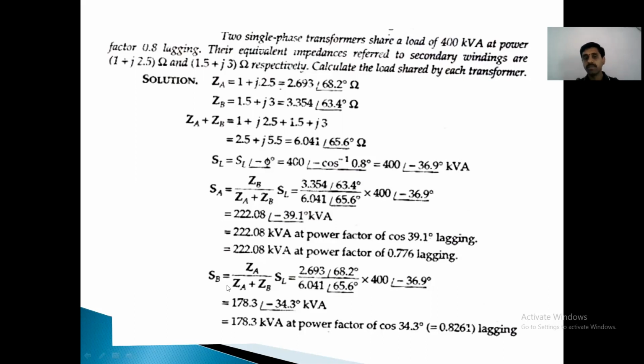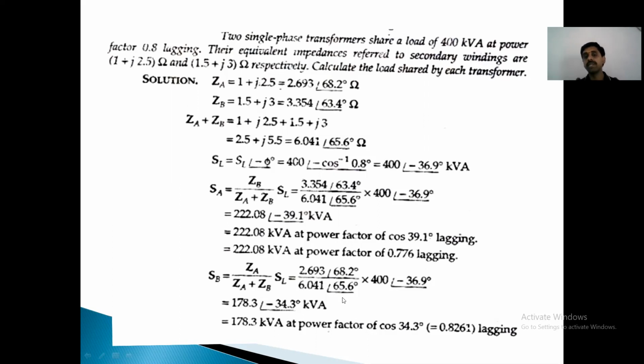What is SB? ZA by ZA plus ZB into SL. Substitute these values. It is supplying 178.3 kVA at an angle of 34.2 degrees, that is cos 34.2, which is 0.8261 lagging. So this is the way the power is divided, 220 and 178. Sum together, it is 400 kVA.